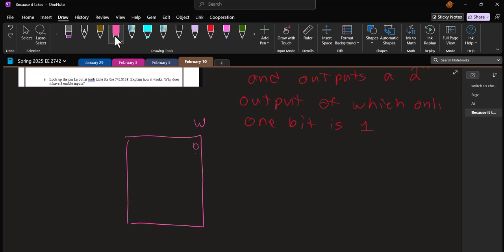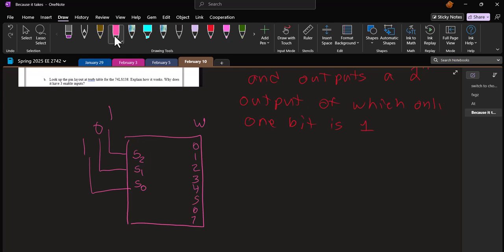So it's 8 bits of output, and my input, I have 3 bits of input. And let's say my input is 101.